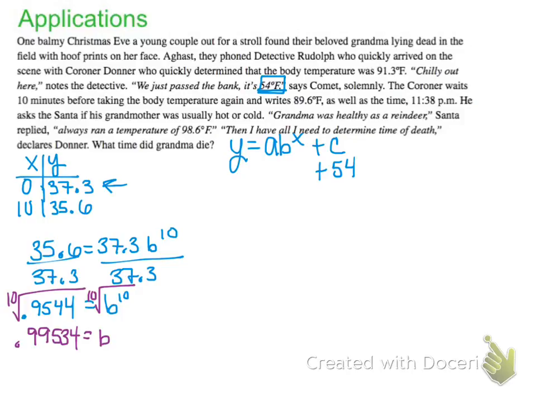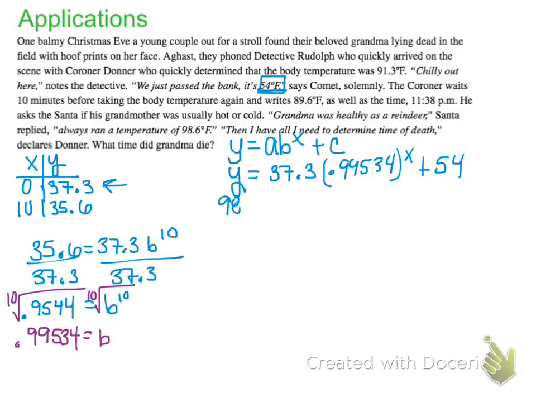So the next thing I'm going to do is rewrite my final equation, plugging in my a value and my b value. So we want to know how long ago Grandma died or got ran over by a reindeer. So we're going to plug in 98.6 because that's her normal temperature, and we're going to set that equal to our equation and solve for that time, that x value.